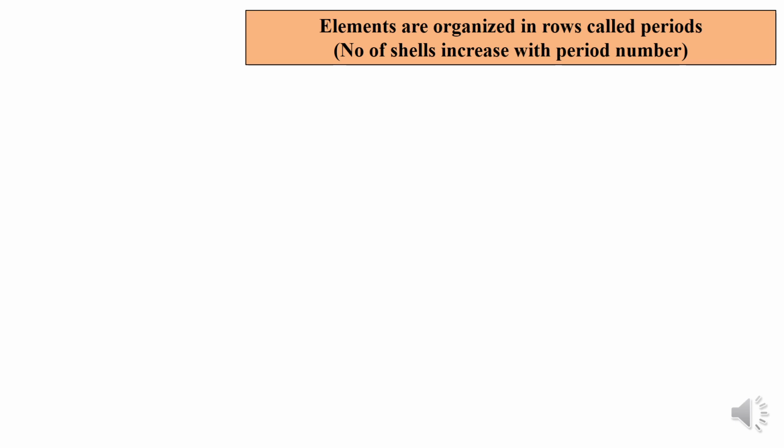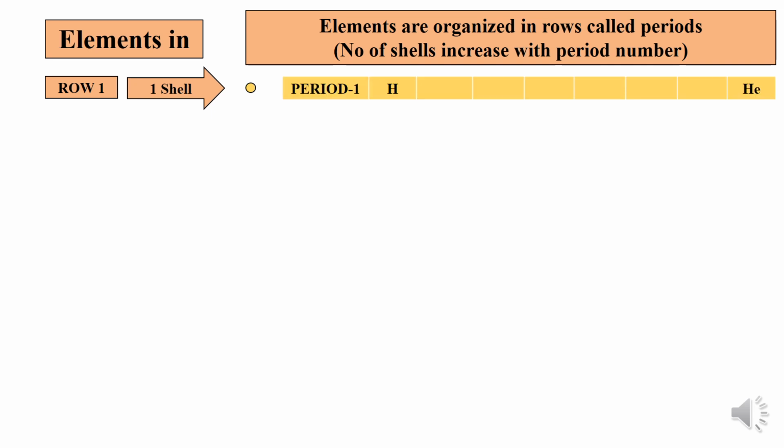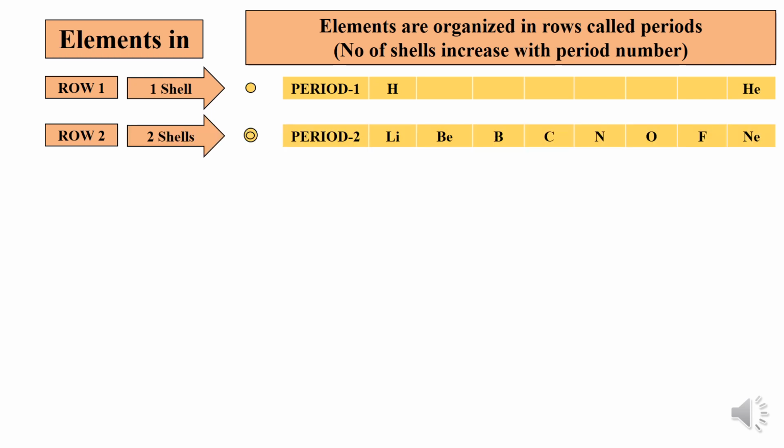Elements in the periodic table are organized in rows called periods. Elements in row 1 have only one electron shell and are called period 1 elements. Elements in row 2 have 2 electron shells and are called period 2 elements.